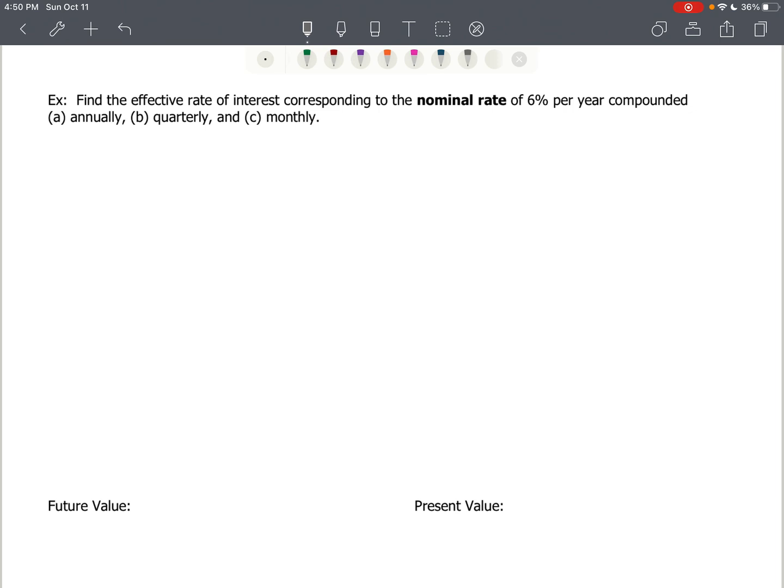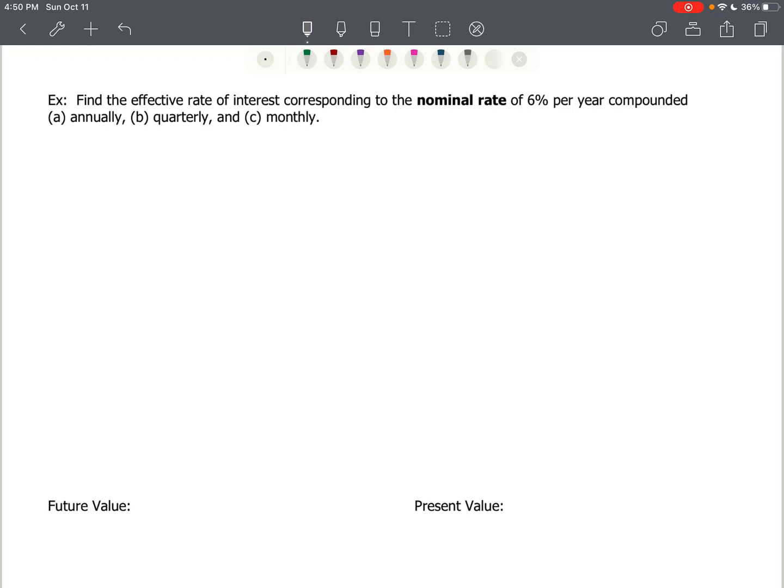Okay, the effective rate of interest corresponds to the nominal rate of 6% per year compounded annually, quarterly, and monthly. That's what we want to find, the effective rate of interest corresponding to the nominal rate of 6% per year.